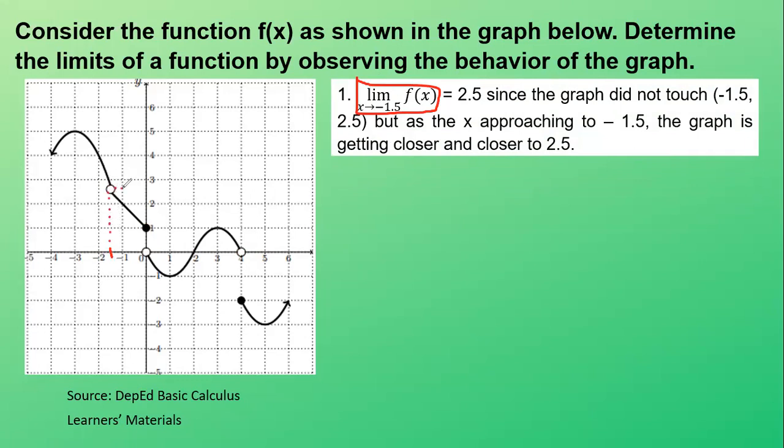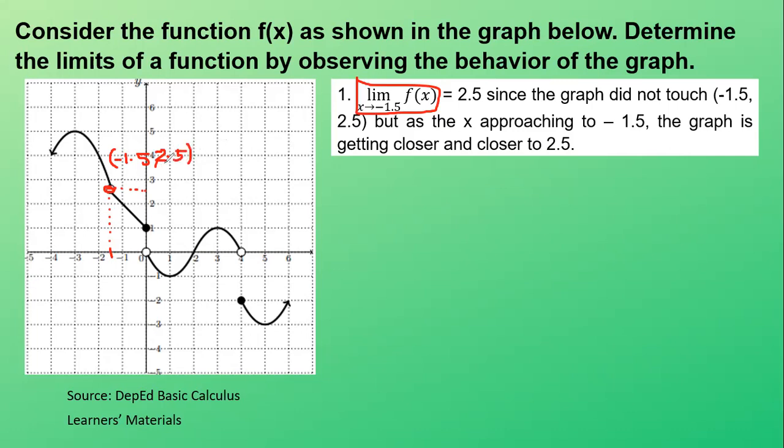Okay. So itong unshaded circle yung ini-intersect ng ating x is equal to negative 1.5. So what is the coordinate for that? So negative 1.5 and 2.5 for the y coordinate.